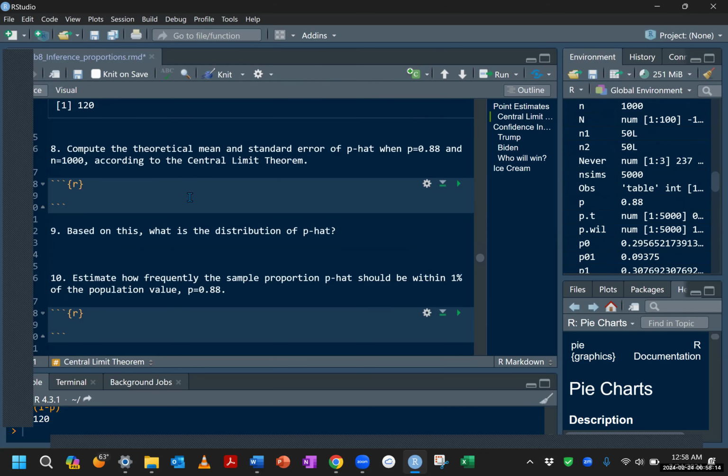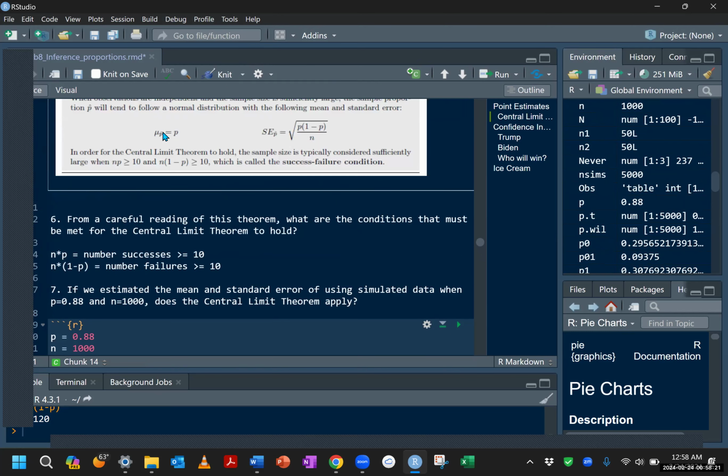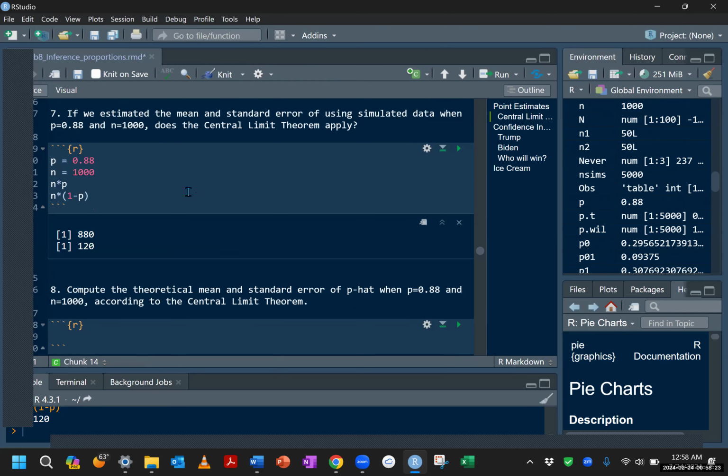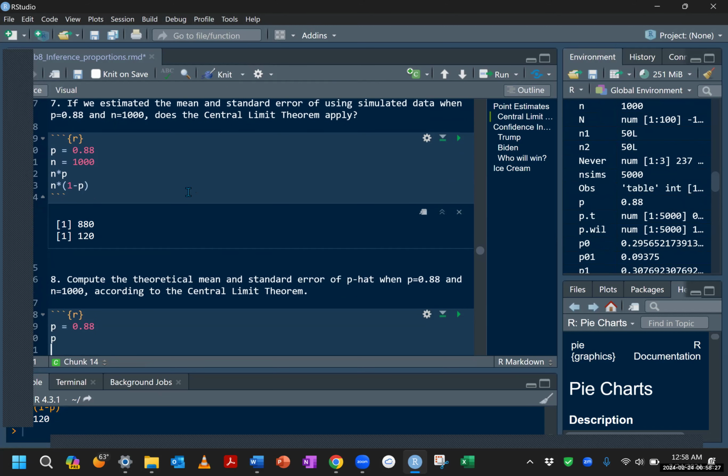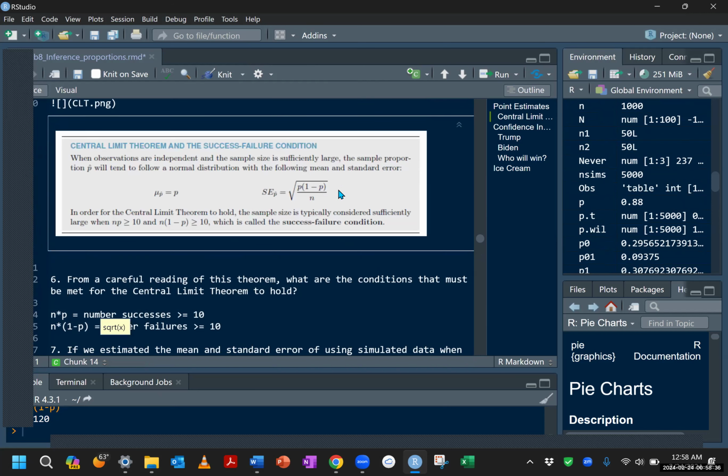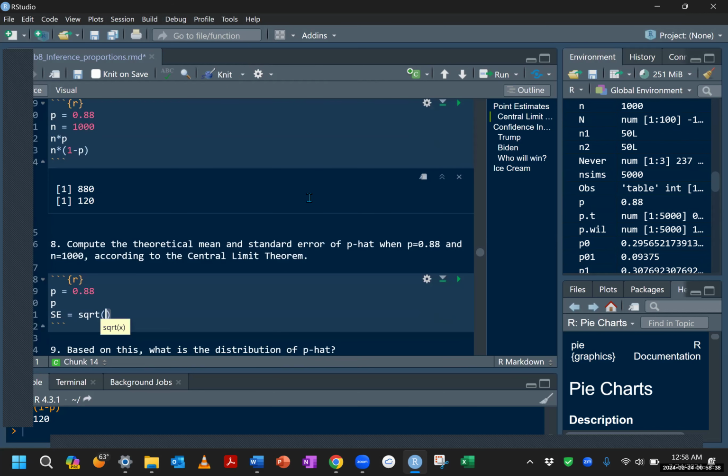So now we can compute theoretically what the mean of this distribution will be. The central limit theorem says, hey, it's going to be 0.88. P is going to be 0.88. And the standard error, this is that formula we saw up here. This will describe how spread apart my data is.